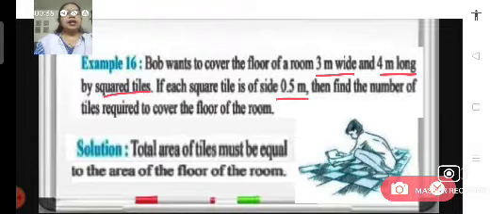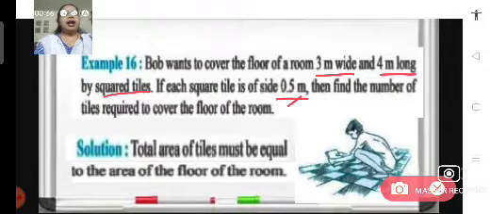So let's understand this problem step by step. We have a room which is 4 meter long and 3 meter wide. That means it is a rectangular room. So we have to find the area of the room first. Area of the rectangle, that means area of the room. Then each square tile is of side 0.5 meters.